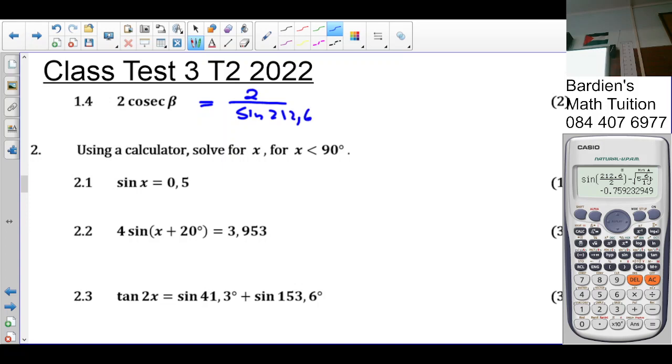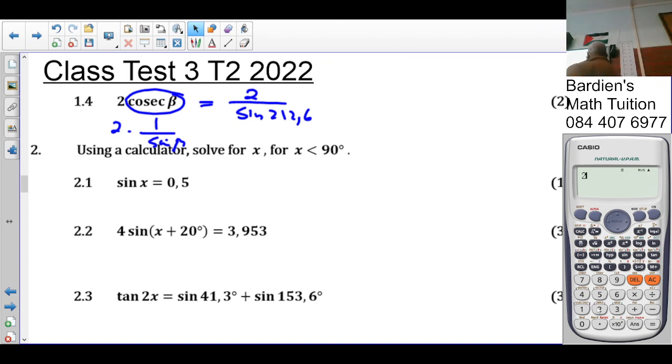Many of you brought the 2 also down. Remember that is cosec. So that's going to be 2 times 1 over sine beta. Okay. So that would simply be 2 over sine 212.6, which gives us negative 3,71.